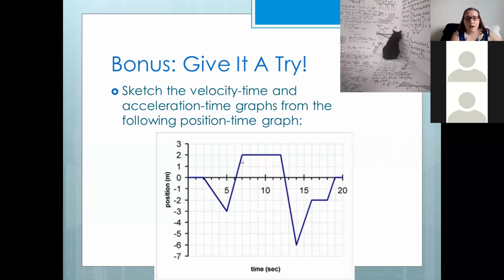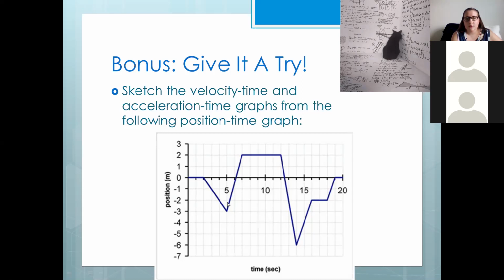The next portion of our graph is this one right here. This is going to be a positive slope, so our velocity will be positive. We're going from a position of -3 all the way up to a position of 2. So that's a rise of 5, and we do that in 2 seconds. So 5 divided by 2 is 2.5.